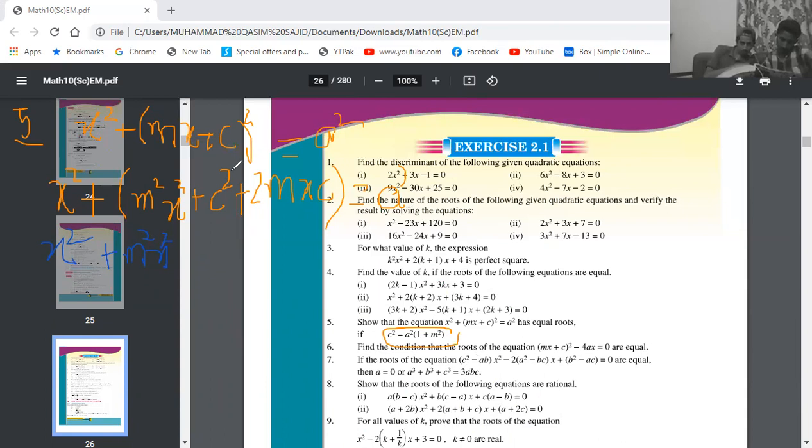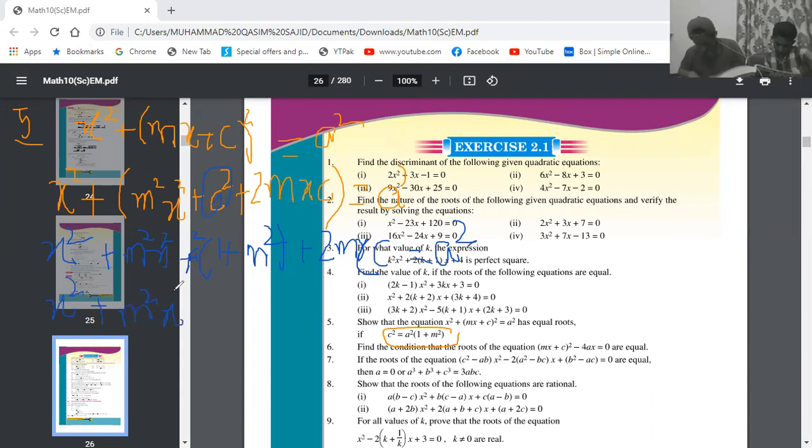So putting the value of c square equals a square into (1 plus m square), plus 2mxc, equals a square.